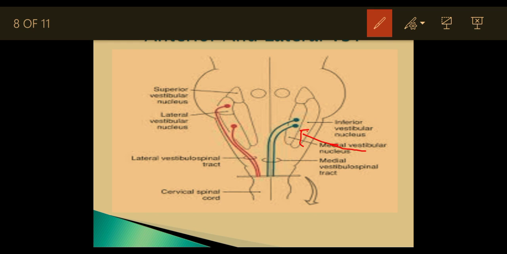After taking origin from this nucleus, it descends on the same side and eventually terminates on the lower motor neuron.